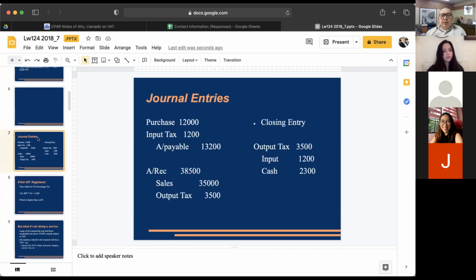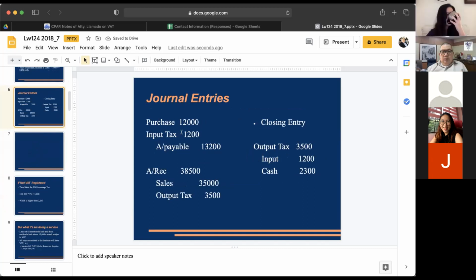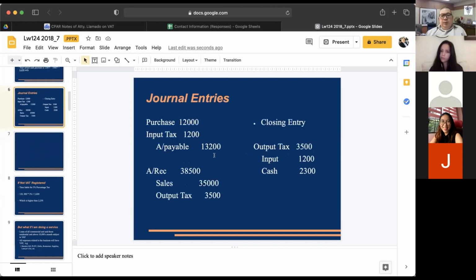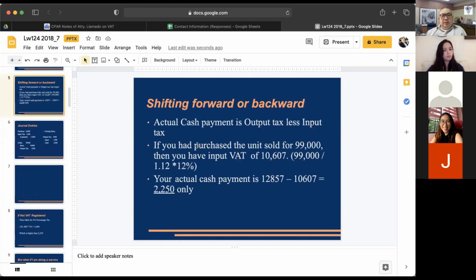So in terms of journal entry, the journal entry is purchase is 120,000. Input tax is, sorry. If you ship it forward, then input tax is 13,200. This is another scenario.